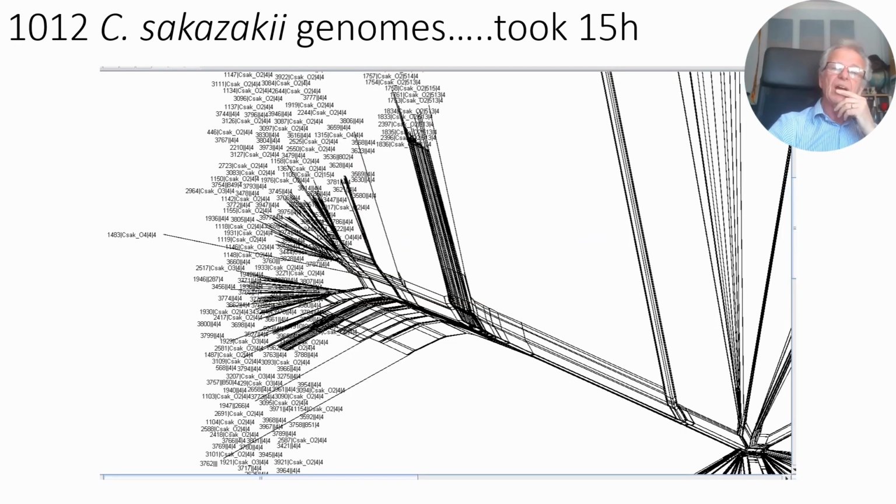If we zoom in on that left-hand side, we can see that these are sequence type 4. I'm not going to go into any detail of this, but just to show you that you can zoom in according to what information you want.